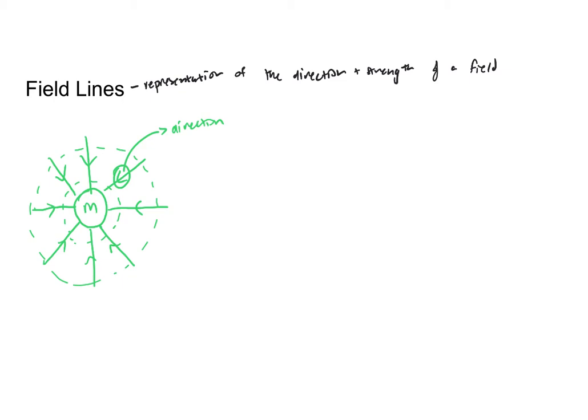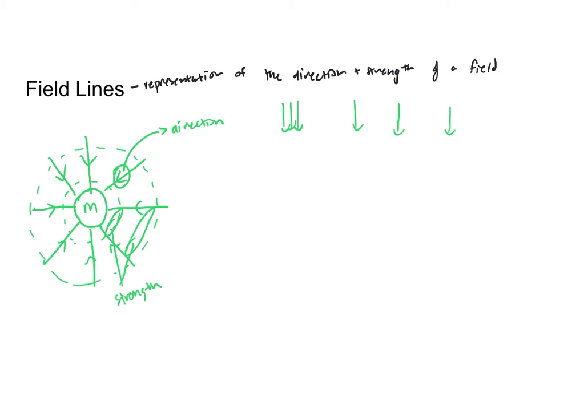And I am going to represent my strength by how close my vectors are to one another. So in a stronger field, my vectors will be closer together. So that's my strong field. And if it's weaker, they will be farther apart.